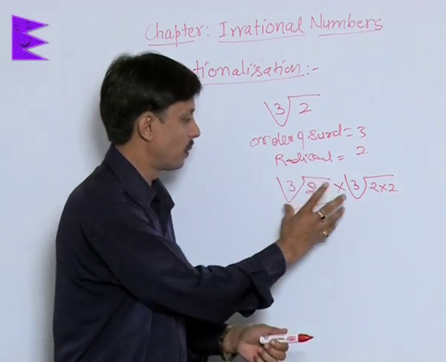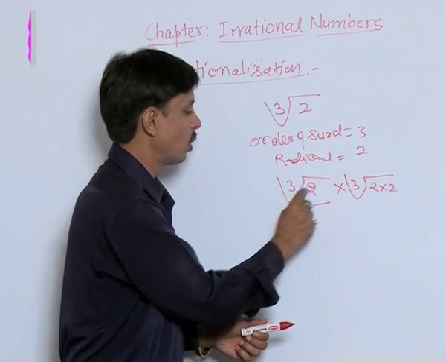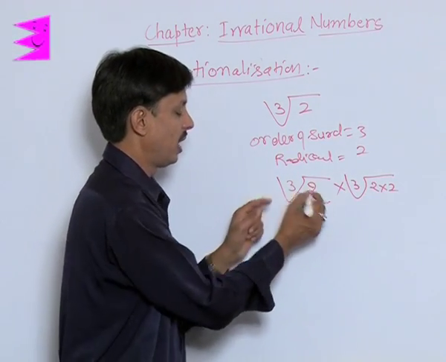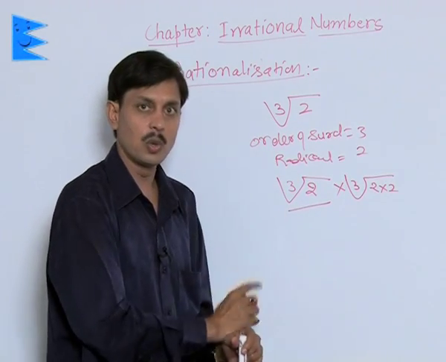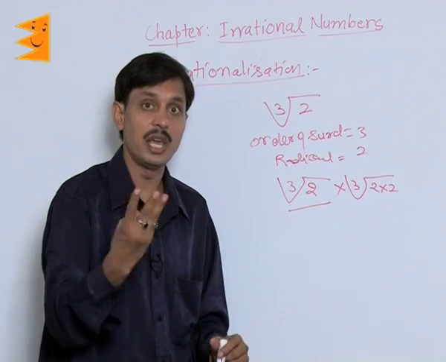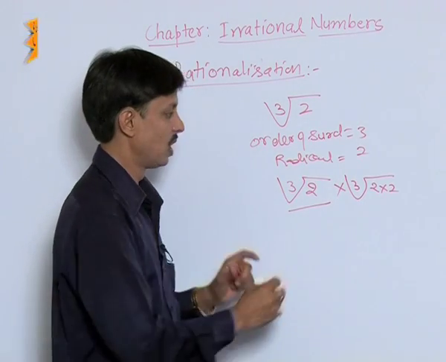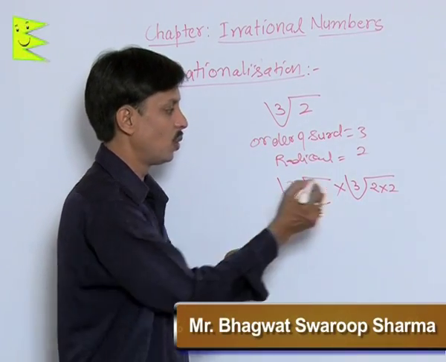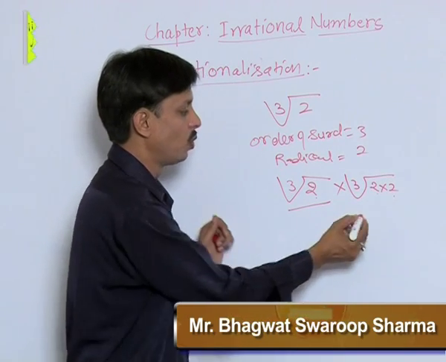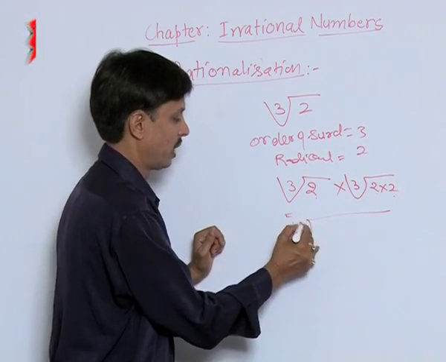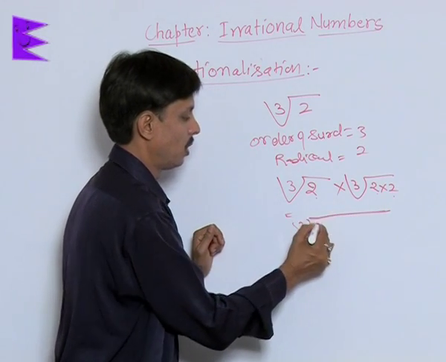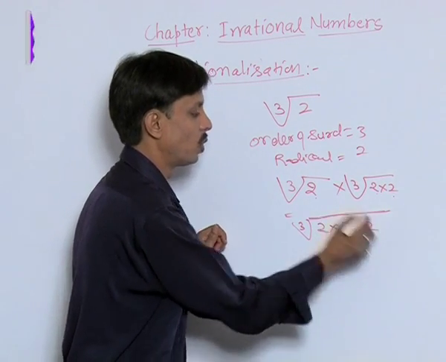The order of both surds is 3 and there was only one 2, as the order is 3, so I need 3 of the same prime number. One 2 is available, I need to multiply 2 more, so in total this can be written as the cube root of 2 into 2 into 2.